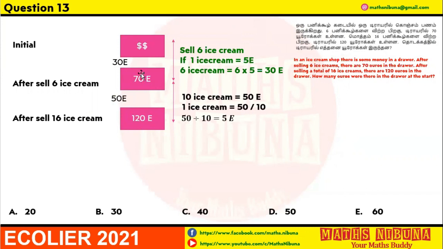Now to find the initial money, 70 minus 30 equals 40 euro. This is how you do the calculation. It is a bit of calculation, so you are now moving towards the advanced questions, which will have more calculations. The answer is C. Initially he has 40 euros in the drawer.